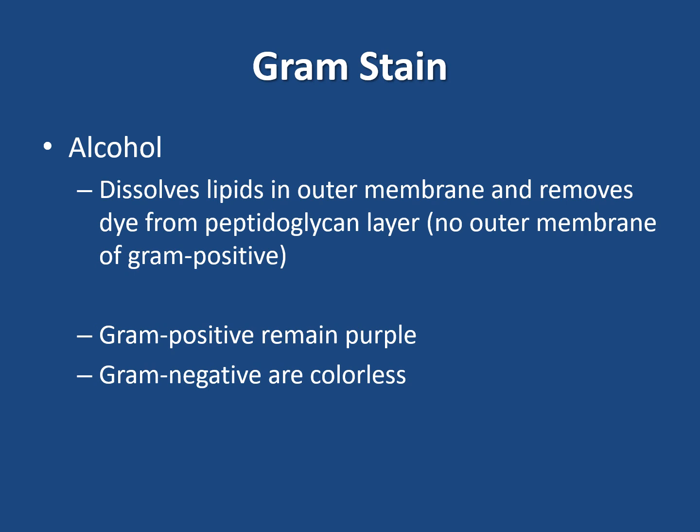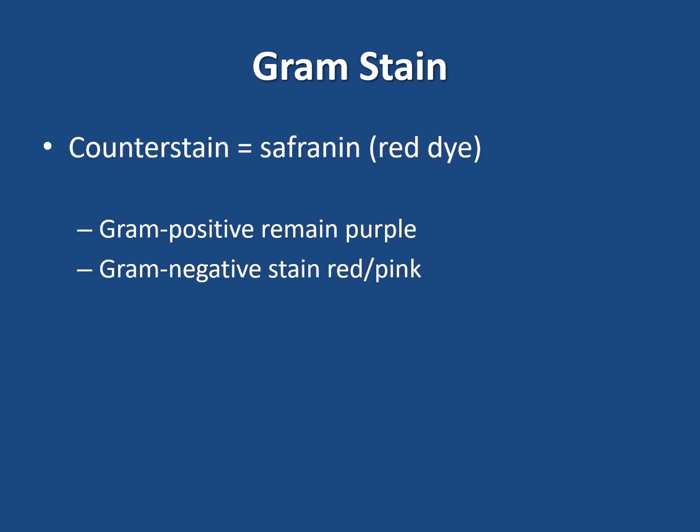So that's why your gram-positive, those purple crystals, the crystal violet iodine, are kept in, so it's going to look purple. But because you basically dissolved and ripped off that lipopolysaccharide membrane with the alcohol, and then washed out the crystal violet iodine purple crystal complex, the gram-negatives are going to look colorless.